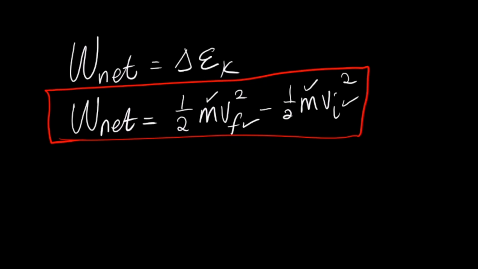For work net, we look at all the forces which do work on the object, and work net is the sum of all the work done by the forces on the object. It's equal to its change in kinetic energy. I hope it makes sense.